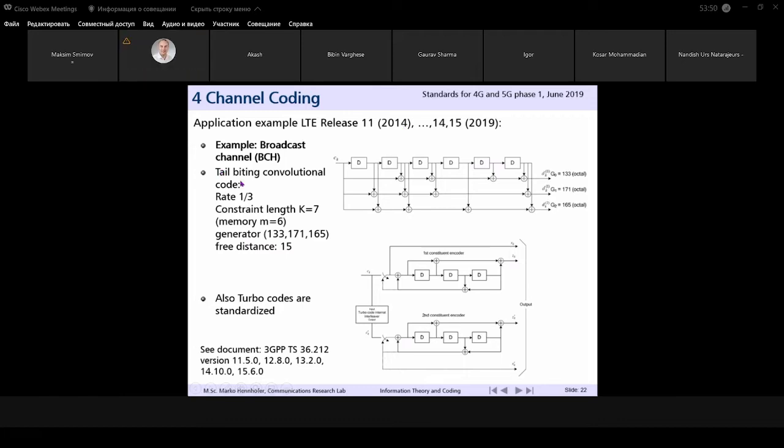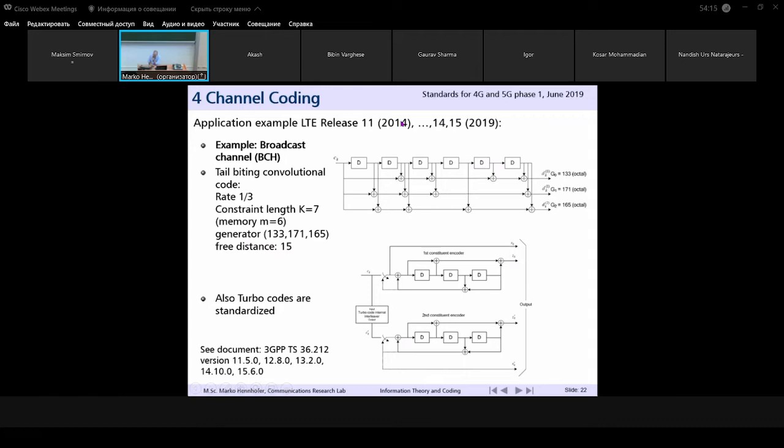Besides this, of course, again the computational capabilities of our devices increased, so we can use large generators again. Here, as an example, a rate 1/3 code, which reaches a free distance of 15.